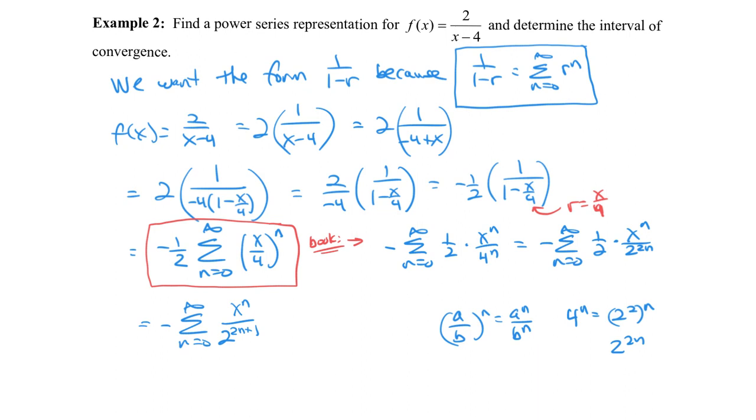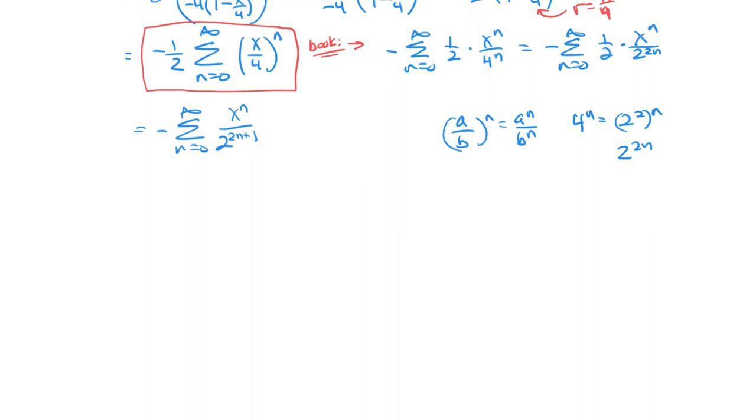But then they're going to want us to find the interval of convergence. So let's see what we have to do there. The interval of convergence is going to depend on our r, right? Our r is x over 4, so we're going to need that. So let's find this interval of convergence.